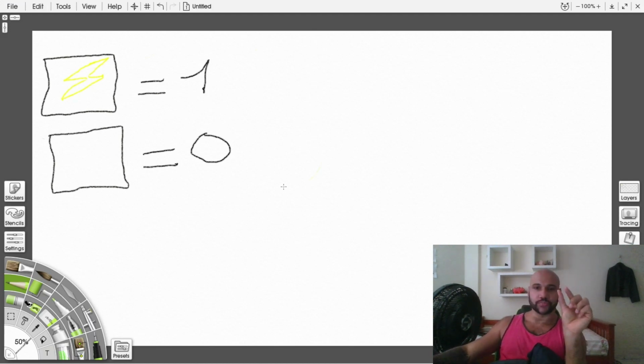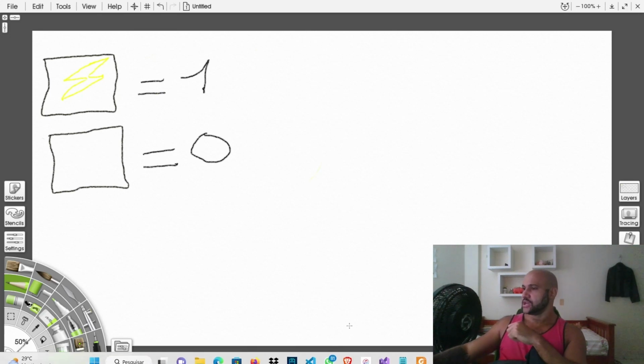Certain bits we're going to call ones, and other bits we're going to call zeros. If there is energy going through them, we're going to interpret them as one. If there's no energy going through them, we're going to interpret them as zero.